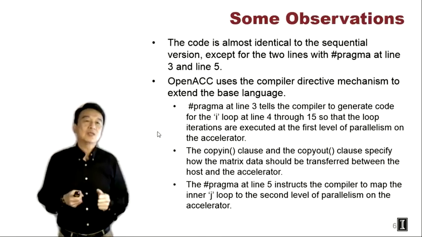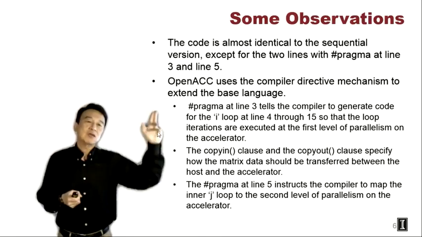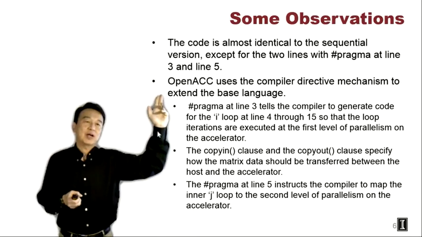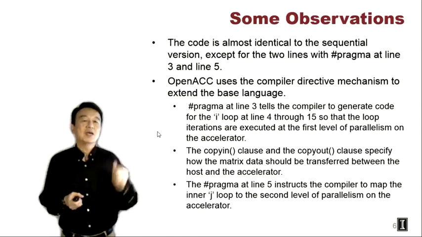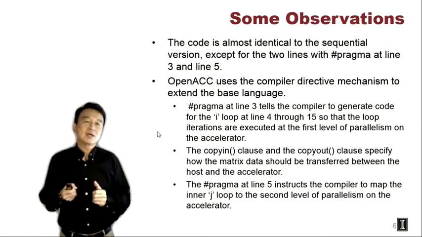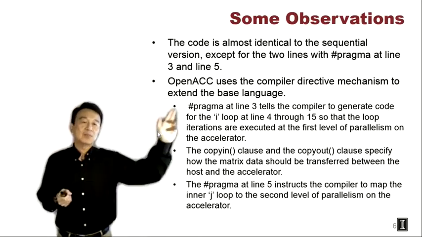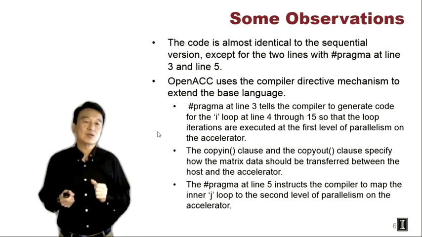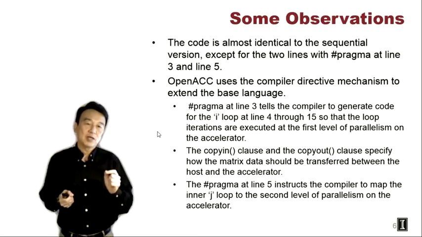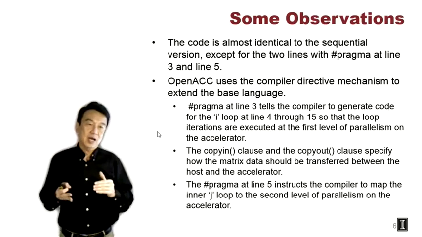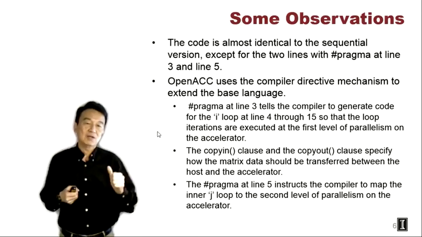The code is almost identical to the sequential version, except for the 2 lines with hash pragma at lines 3 and 5. So OpenACC uses a compiler directive mechanism to extend the base language, which is C in this case. And the pragma at line 3 tells the compiler to generate code for the I loop at lines 4 through 15, so that the loop iterations are executed at the first level of parallelism of the accelerator.